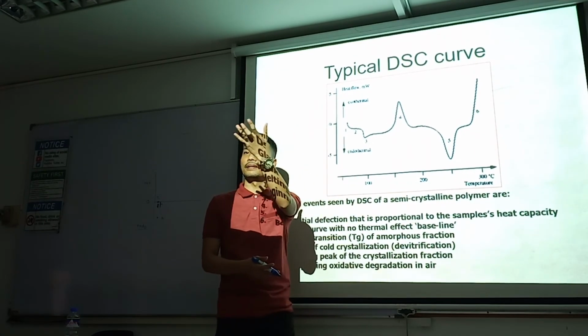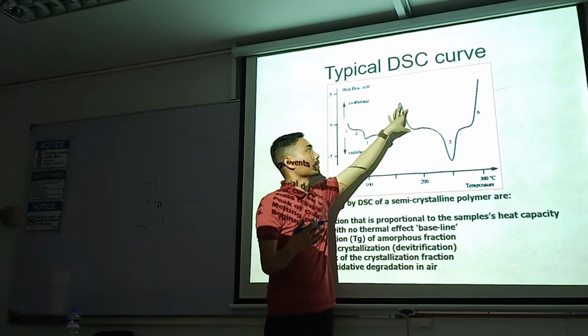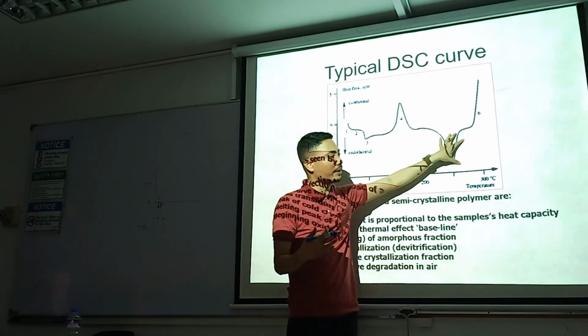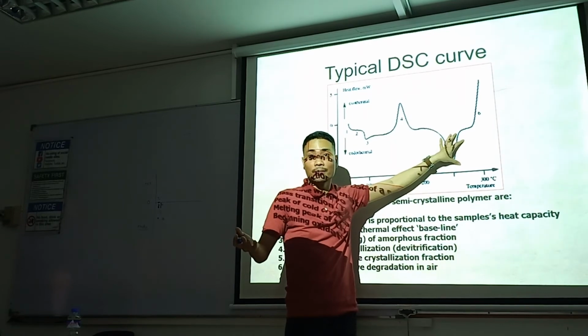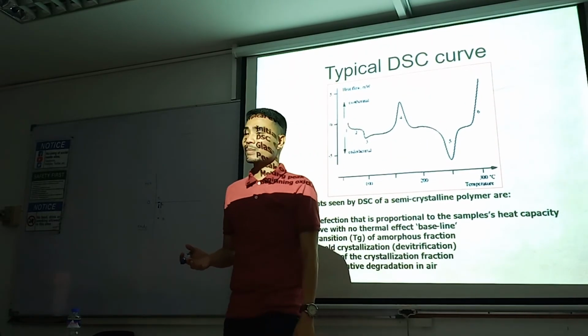Sige, balik na muna dito. Mamaya na yun, yung question na yun. Yun yung dami ng nag-form ng bonds dito at nang na-break na bonds dito. Diba? This may actually imply the degree of crystalline regions. That is also what? The amount of heat na na-absorb.